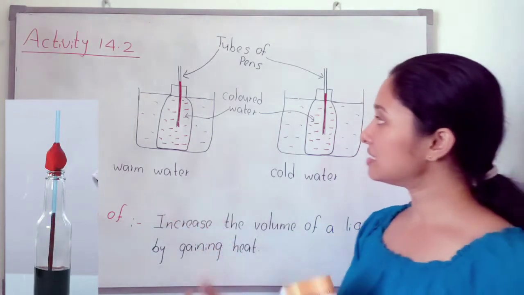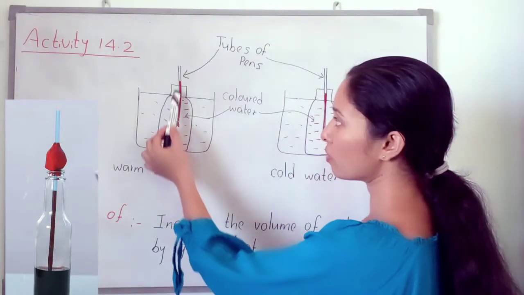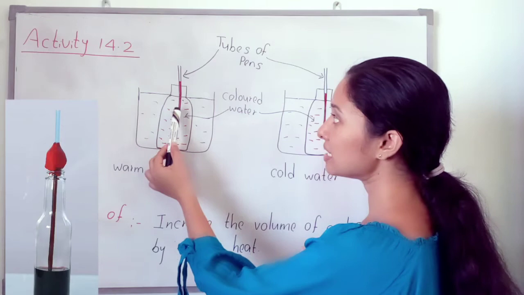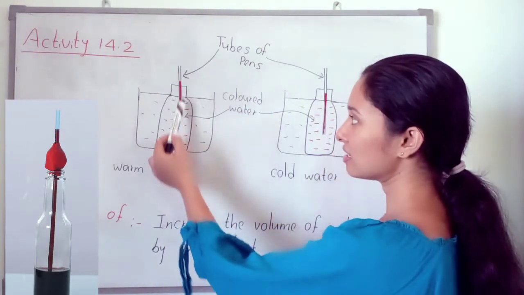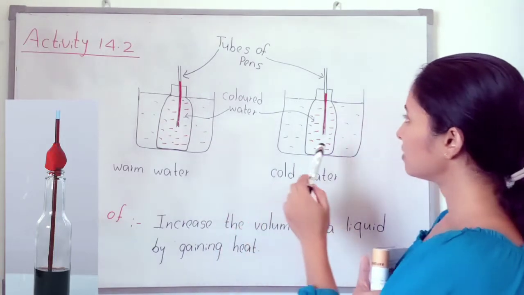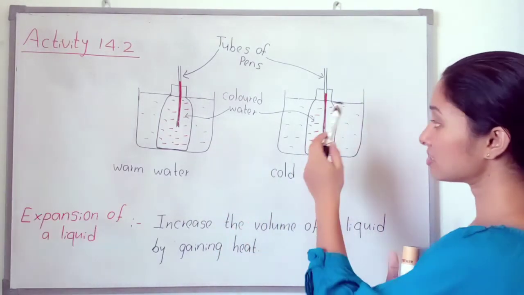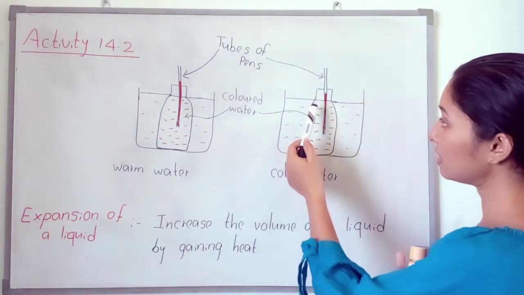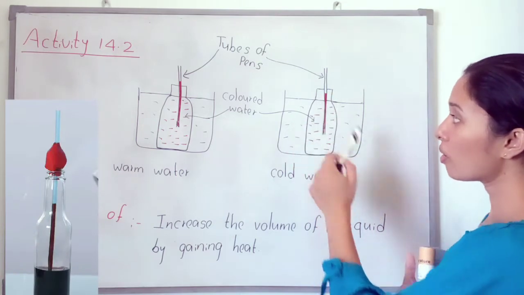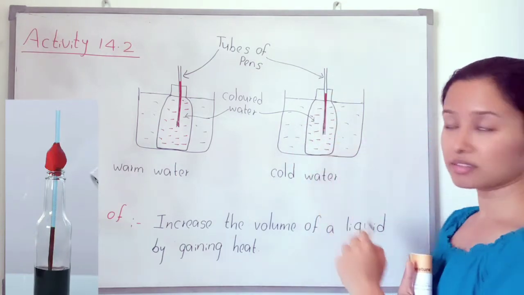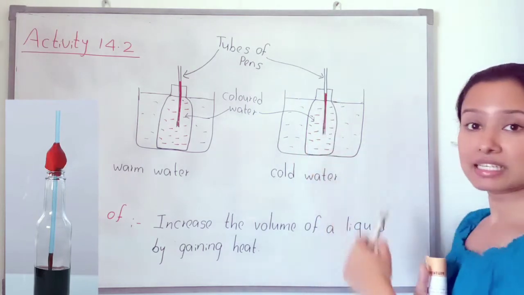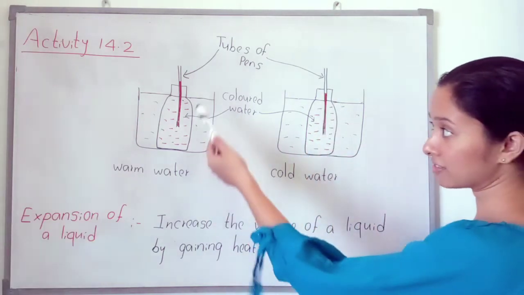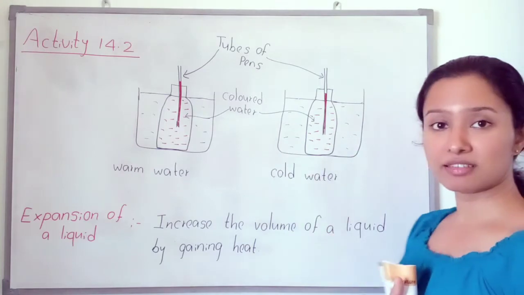Okay, we can see here the water level in the tube is increasing. Water level increasing in the tube. In the second glass bottle we can see the colored water level decreasing. The water level in the tube is decreasing. Here increasing, here decreasing.